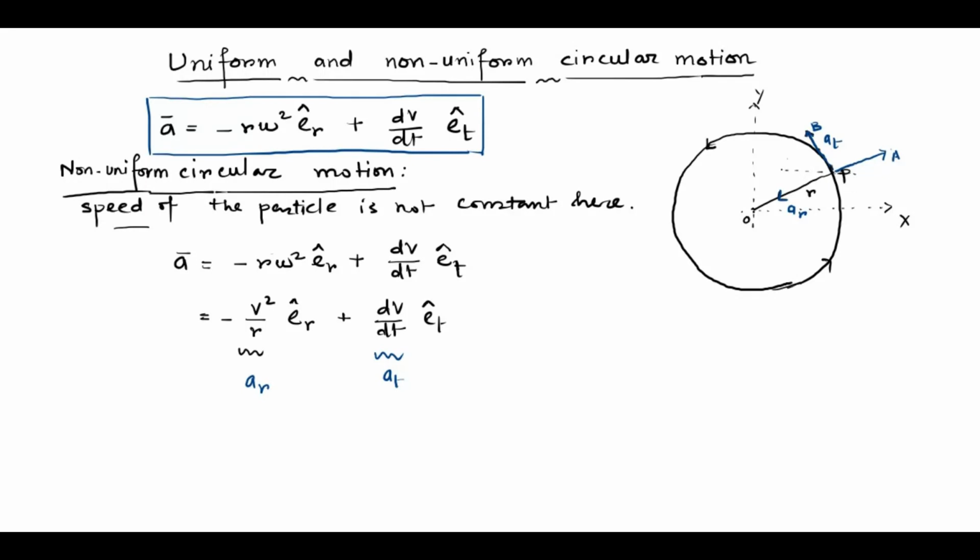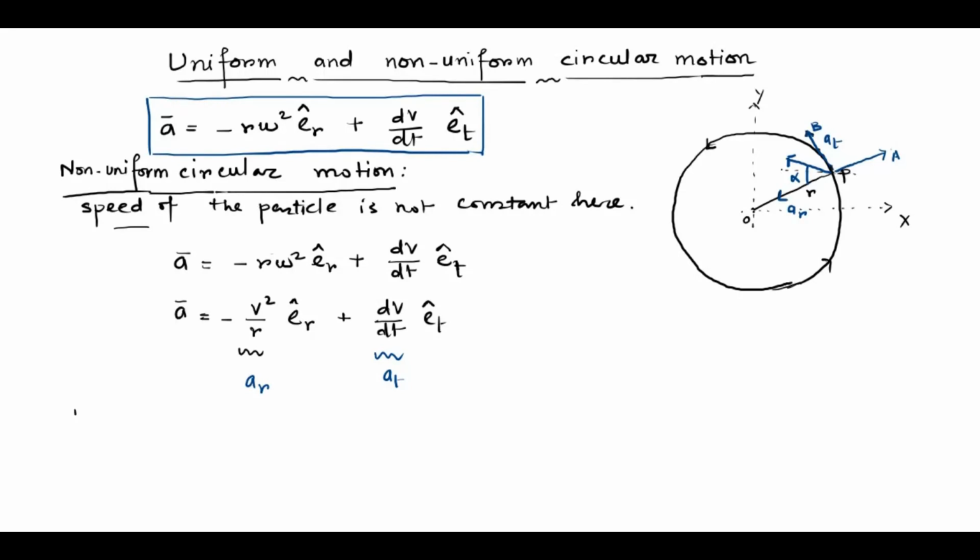So there are two types of acceleration here, and the resultant acceleration is in between them, the vector sum. The resultant acceleration is the vector sum of the a_r component and the a_t component, and it makes an angle alpha with the radial component. If this is true, we can calculate the magnitude of the acceleration a.